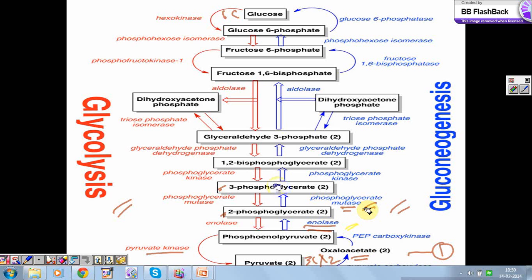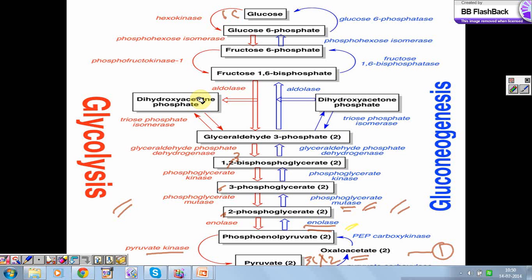Now this 3-phosphoglycerate produces, it is not 1,2, it is 1,3-biphosphoglycerate. From that, glyceraldehyde 3-phosphate is produced, and this glyceraldehyde 3-phosphate now produces dihydroxyacetone phosphate.